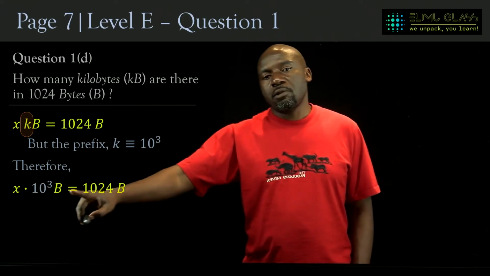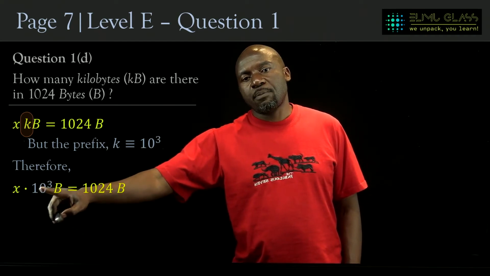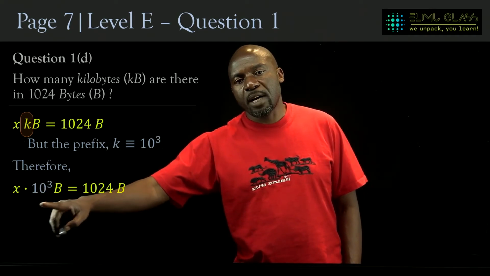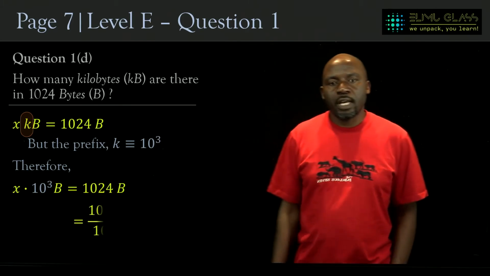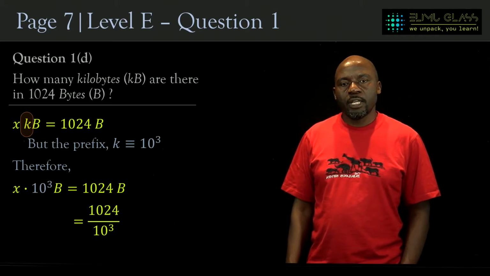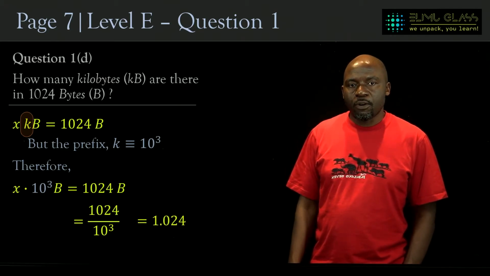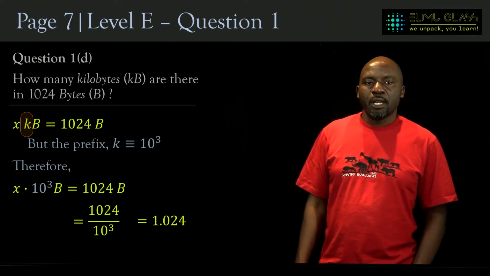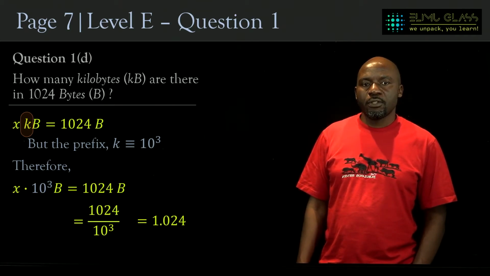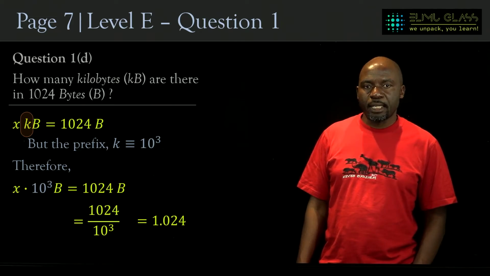And then what we need to do is divide both sides by 10 power 3 bytes, and what you end up with is going to be 1.024.